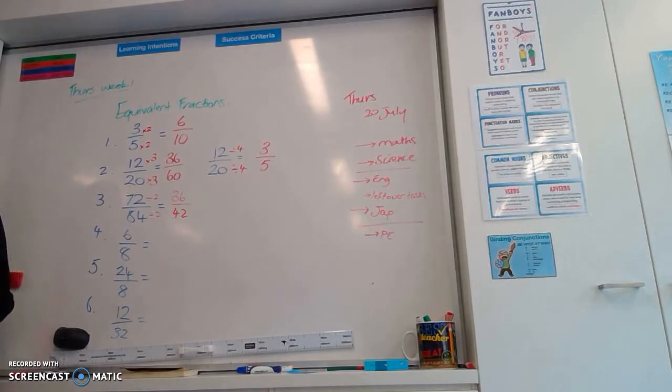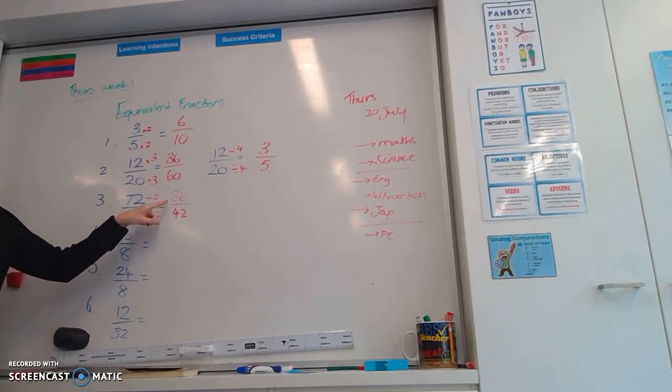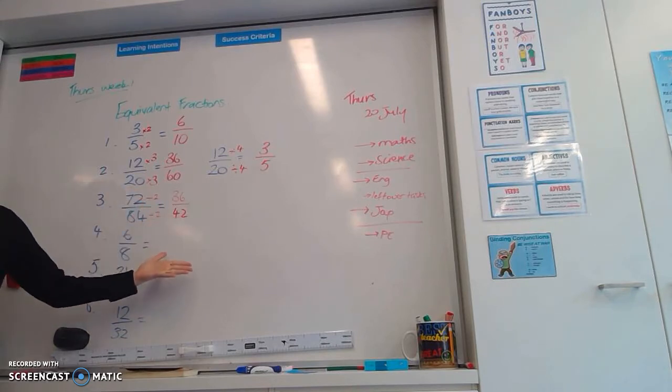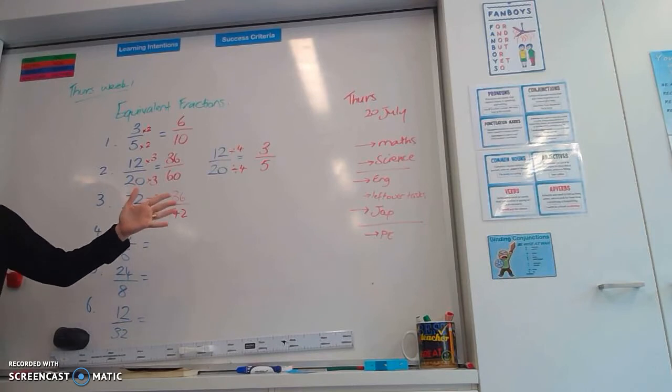We divided by 2 and then we could see that we could divide it by 2 again. How did you know that? Because they're both even, yeah. So you could have gone 2 and then done 2 again, in which case you'd be doing it by 4, but that's fine. And that would have broken it down further.